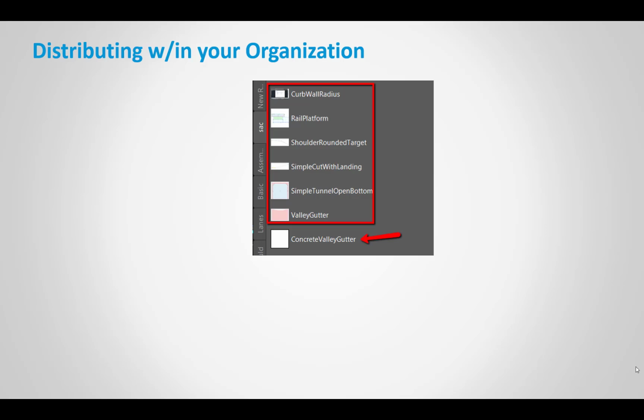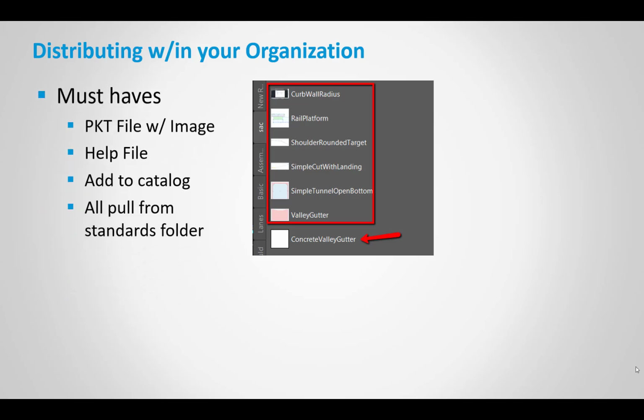So maybe you put that on a server or in a standards folder or something. But you must have all that stuff. So you've got to have the PKT file, add it to the catalog, and maybe point everybody to a certain standards folder so it's not residing across the local drive of thousands of people. That way, as updates happen, they can access those as needed.